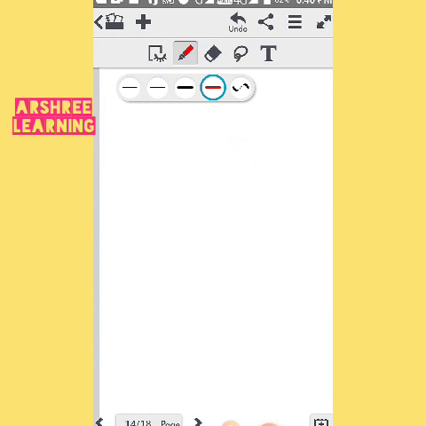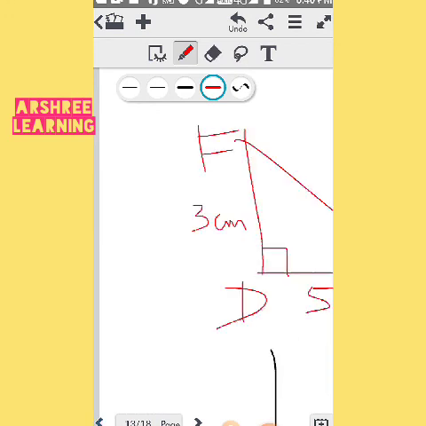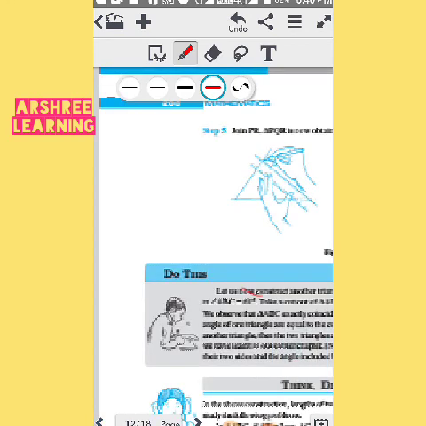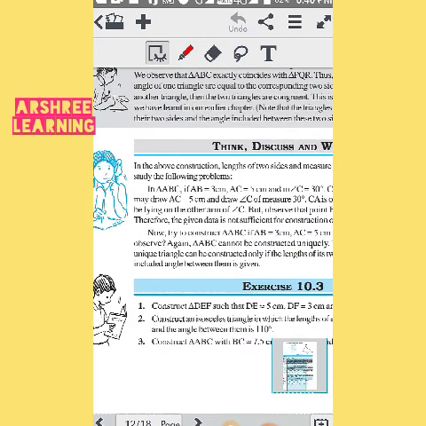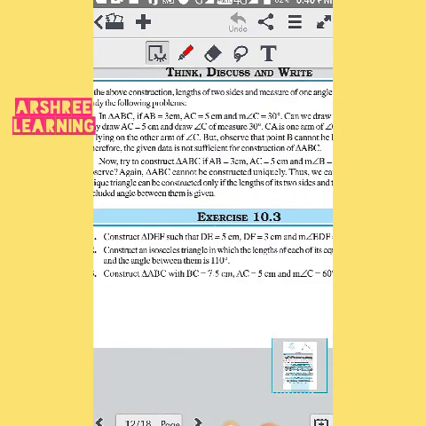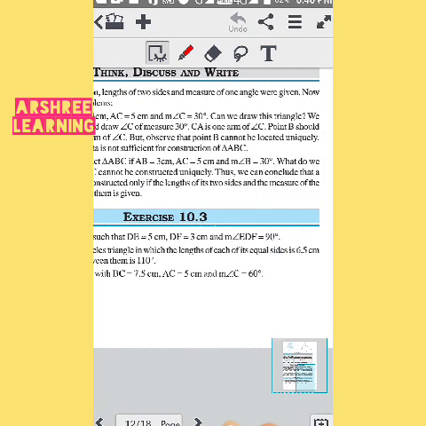Each length is 6.5. So the figure is simple. The angle is 110 degree. 110 degree will be made with the help of protractor and the equal sides are 6.5.